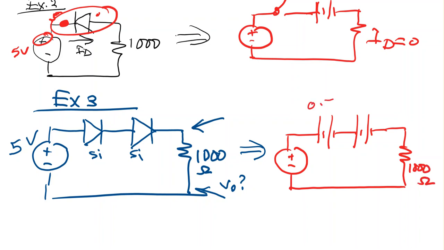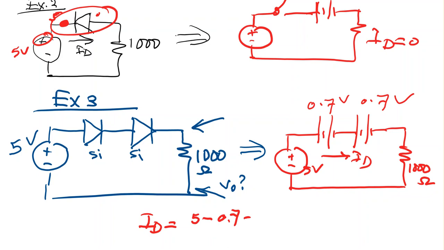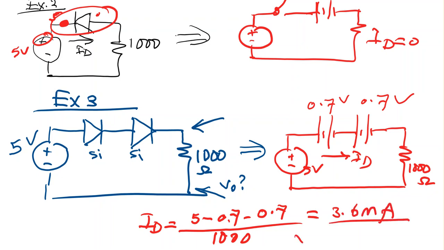And of course this is 0.7 volts, this is 0.7 volts, and if I would like to calculate the current ID, if this is 5 volts, ID will be simply 5 minus 0.7 minus 0.7 divided by 1000, and that will be 3.6 milliamperes. So how about the voltage V output?